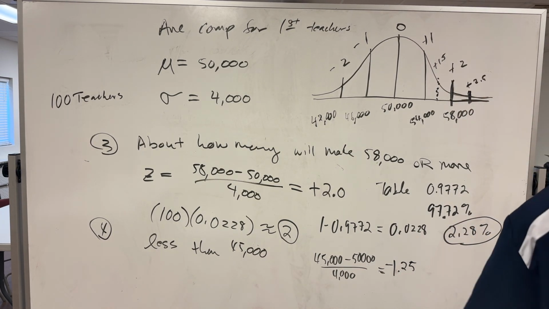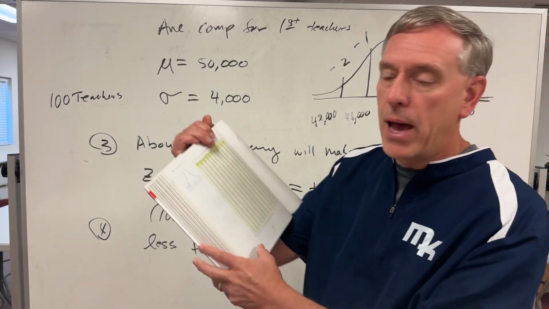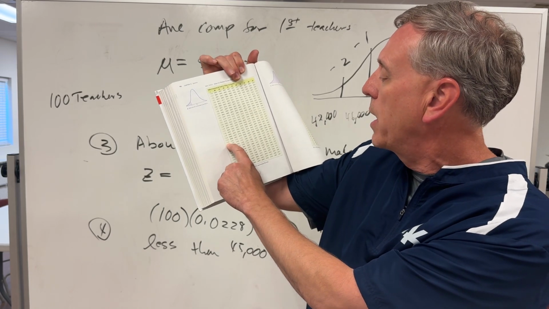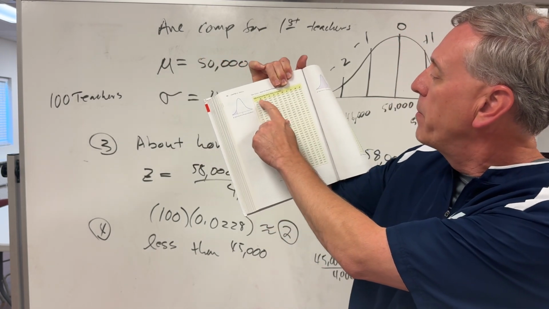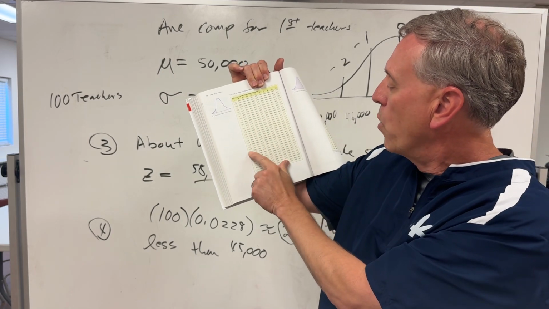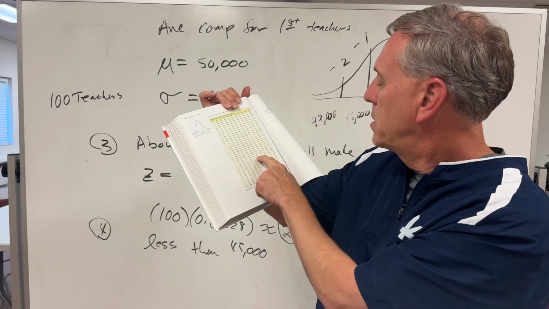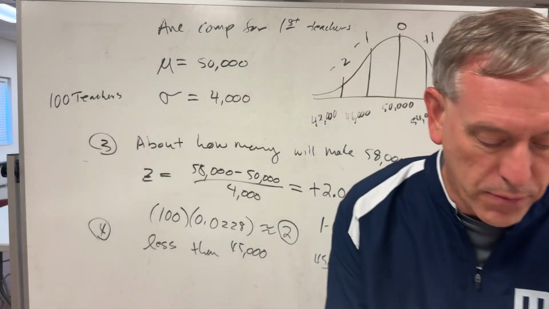So we're going to look on our table now. Here on our table, we're going to see a minus 1.25. So minus 1.2 is there, and then to get to the 0.05, we have to go up here on the top, get out to that level. So 1.25, that looks like 0.1056.